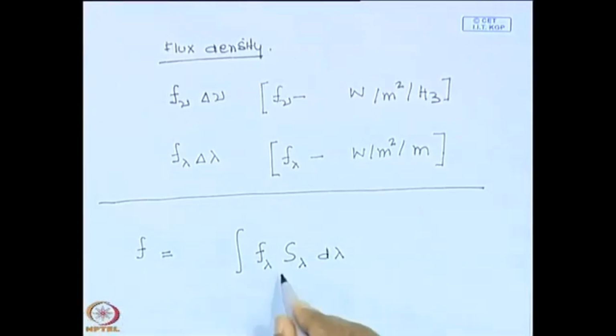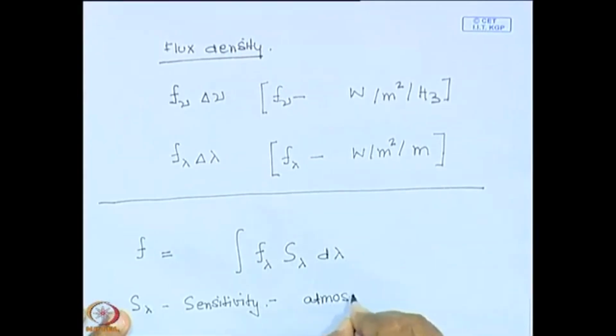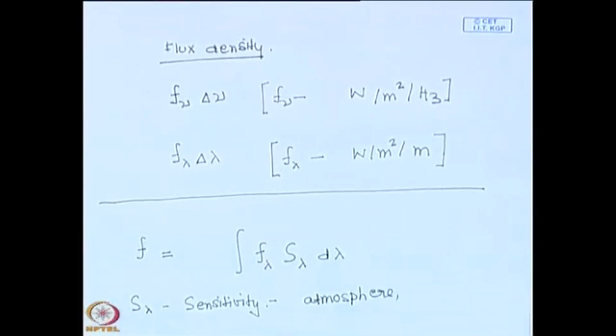The sensitivity incorporates the effect of the atmosphere that we are looking through. After all, every observation from the earth is through the atmosphere, and the atmosphere may not allow all wavelengths to pass through equally.